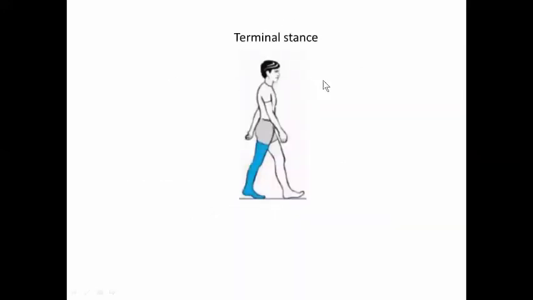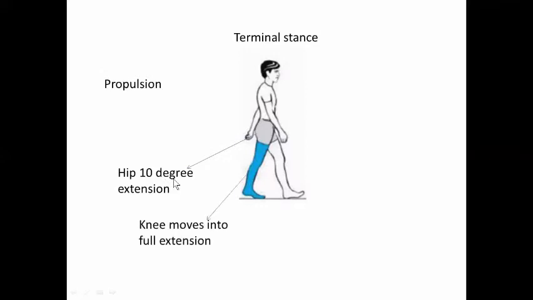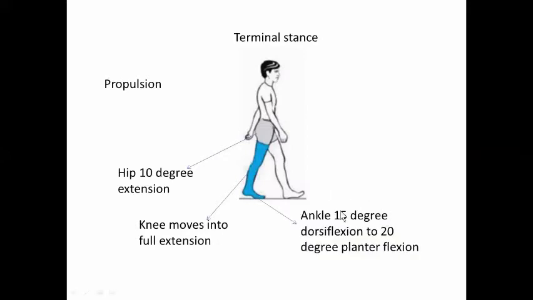Another phase is terminal stance. It requires propulsion. The hip will be in 10-degree extension, whereas the knee will move into full extension, and the ankle will move from 15-degree dorsiflexion to 20-degree plantar flexion.